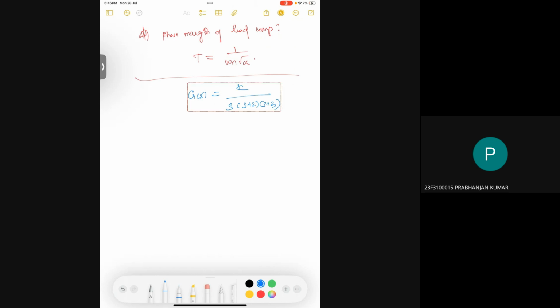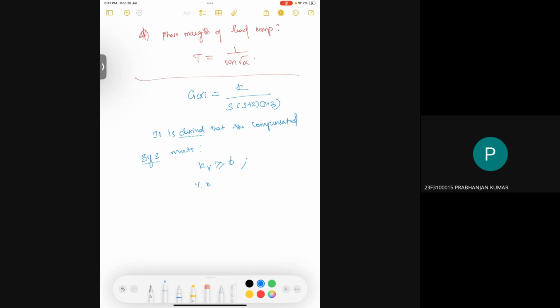Okay. It is desired that the compensated system meets the following criteria, right? The criteria is that kV should be greater than or equal to 6. You have to find the k value so that your velocity constant kV will always be greater than or equal to 6.